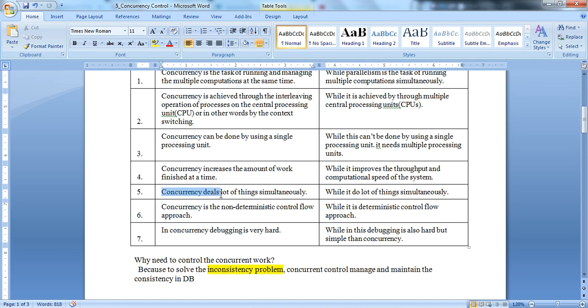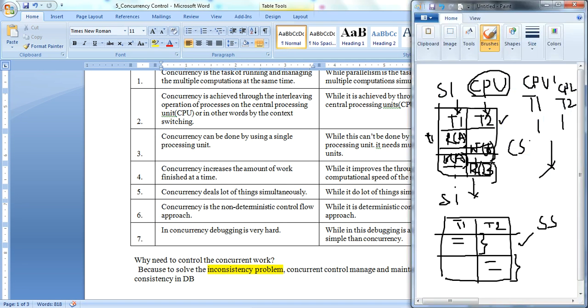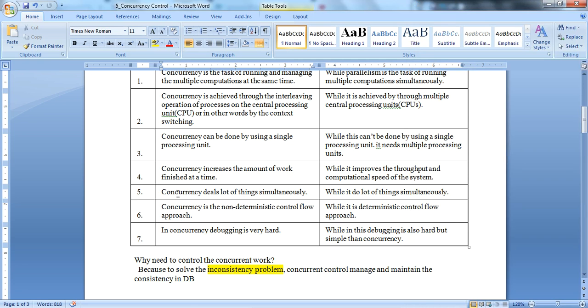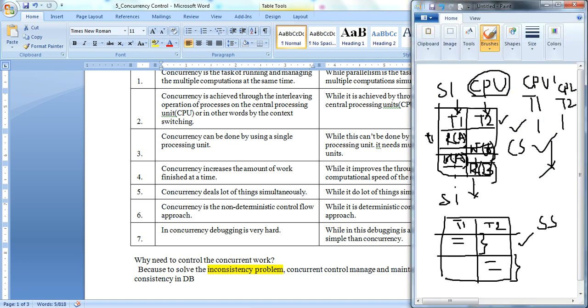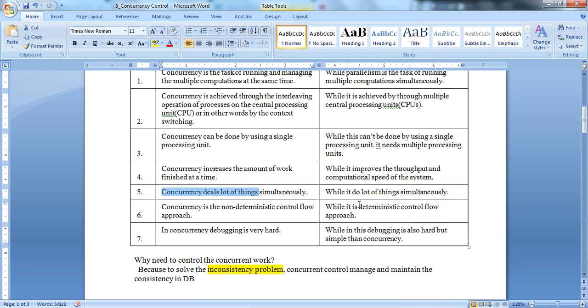With the same example, concurrency may be more useful than parallelism. Concurrency deals with a lot of things simultaneously: a single CPU deals with multiple things at once, while parallelism does multiple things simultaneously.